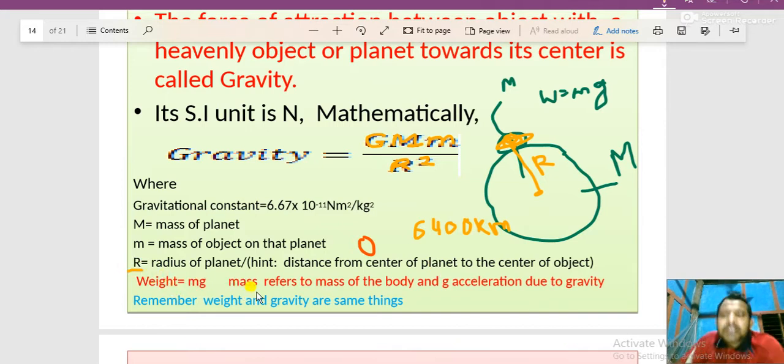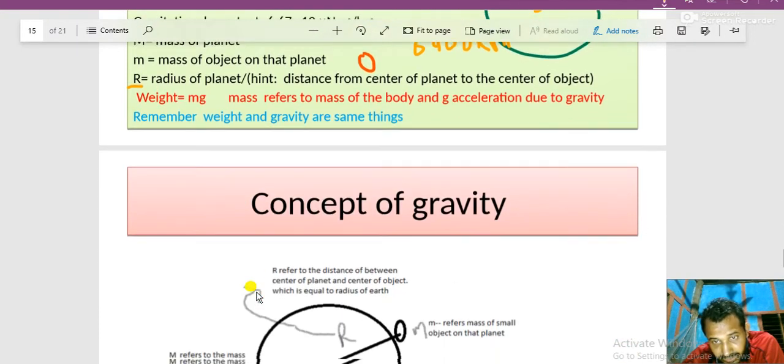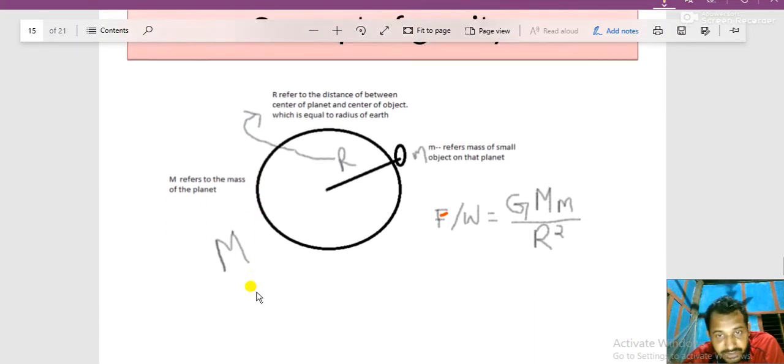Now from here it is clear that you understood one type of force, that is gravitational force, and another type of force, that is gravity. Now the concept of gravity I have made clear. This is the planet, viewed from outside the planet, not by the person sitting on it.